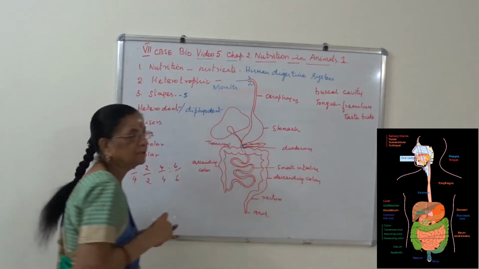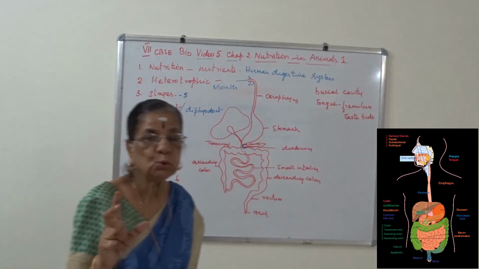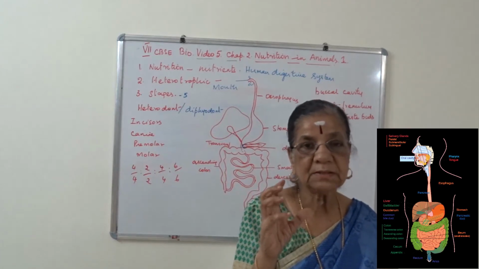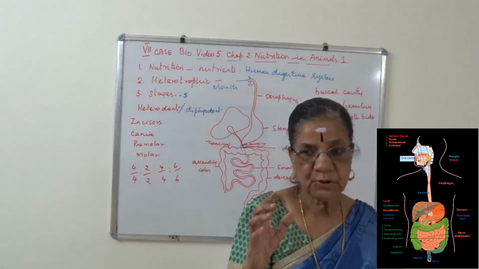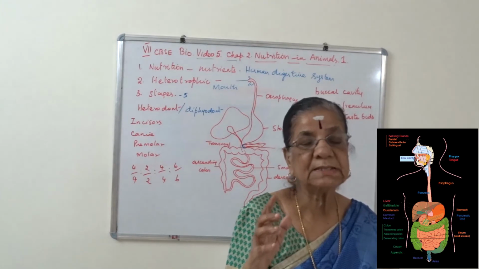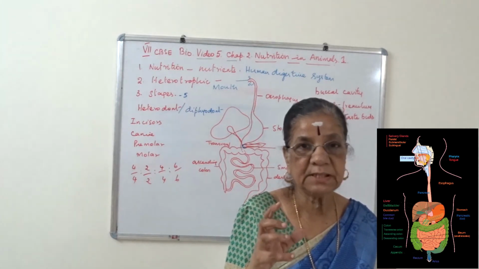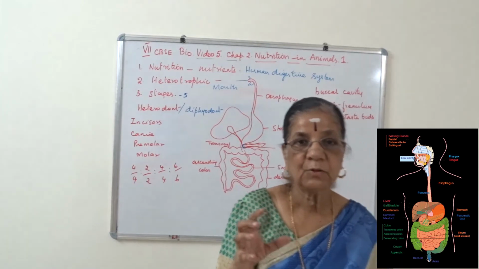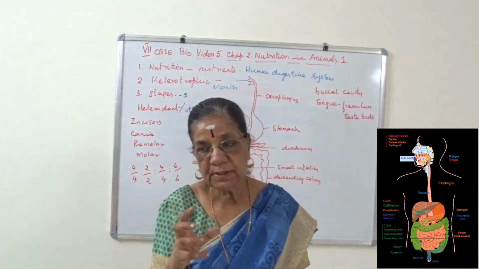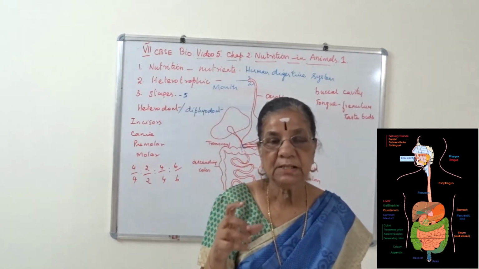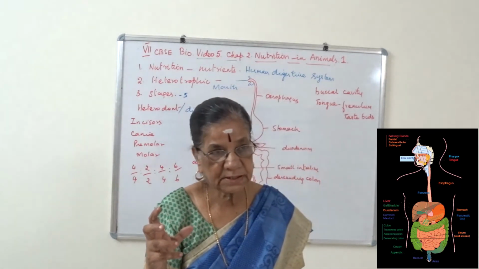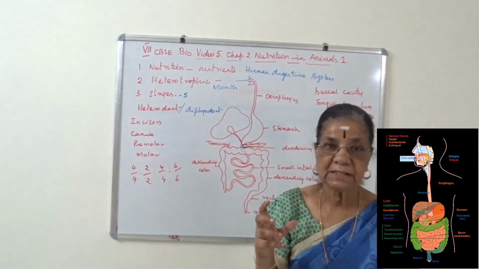Diphyodont, where we have 2 sets of teeth. A newborn baby up to the age of 4 to 5 years has a set of teeth called milk teeth.